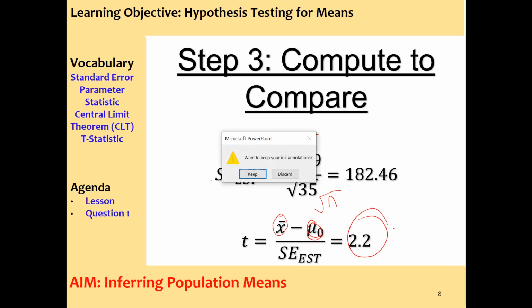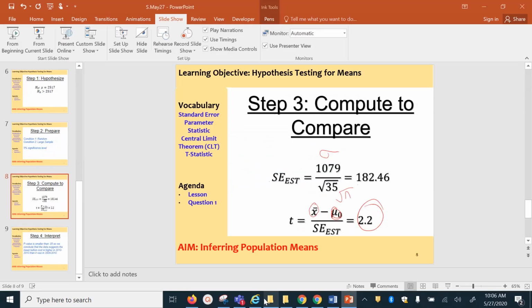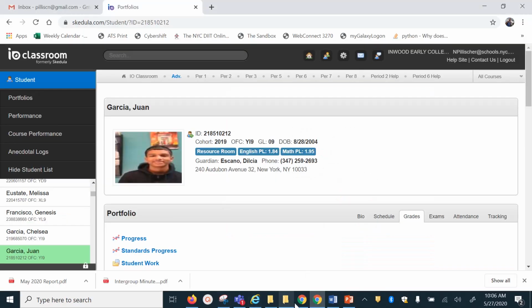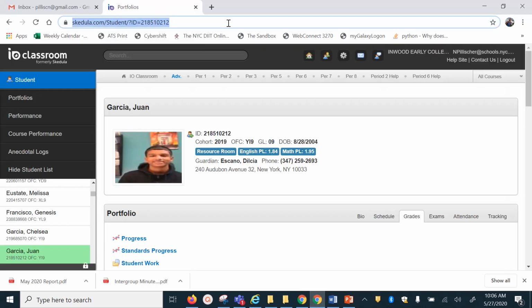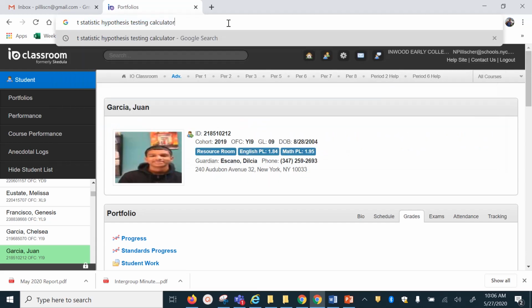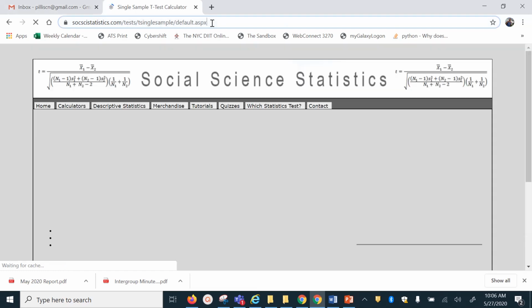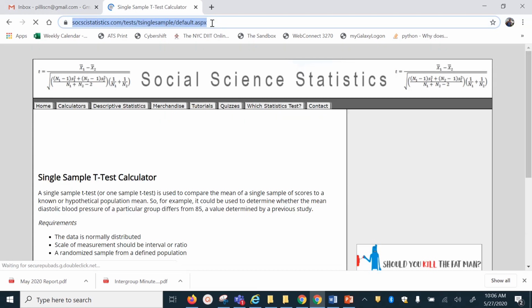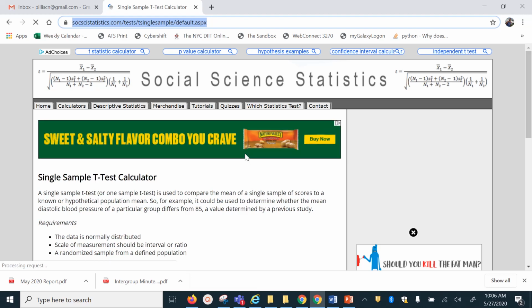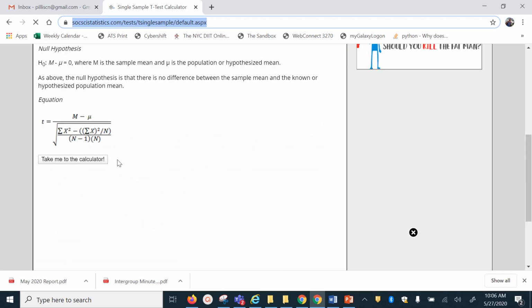Now what you're going to do is go to your calculator. I had this all prepared before and then life happened. All right, not a big deal. You go to the T statistic hypothesis testing calculator, single sample T statistic, and I'll put the link in the assignment for you. All right, let's just go to the calculator.